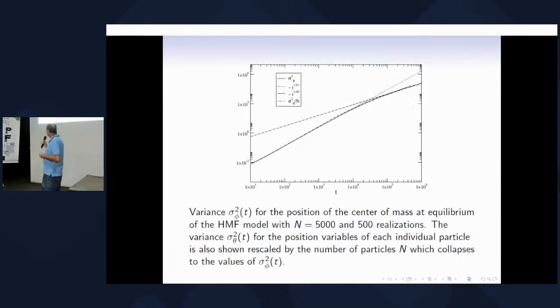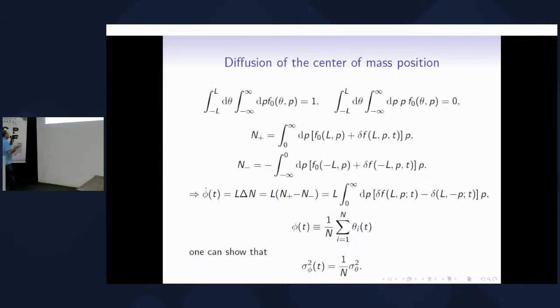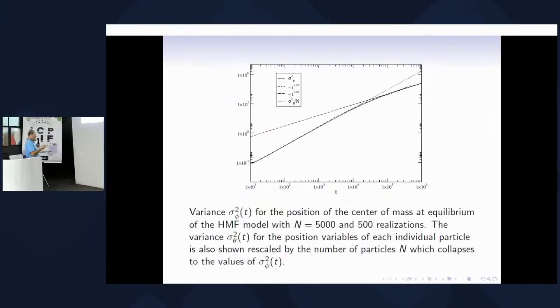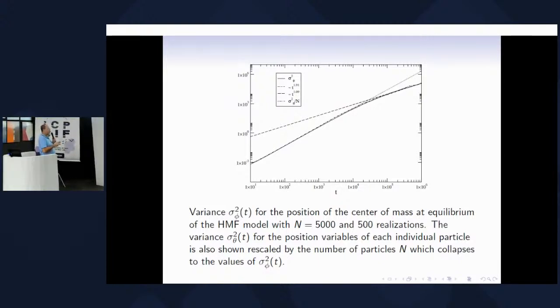Okay, so here I show the variation with time of the variance of the position of the center of mass in the case of the HMF model with 5,000 particles and 500 realizations, and it follows almost ballistic motion here.